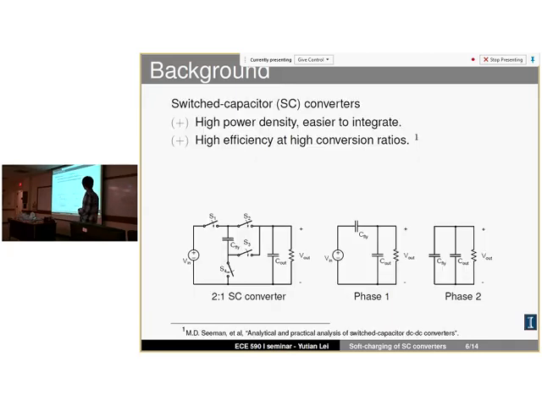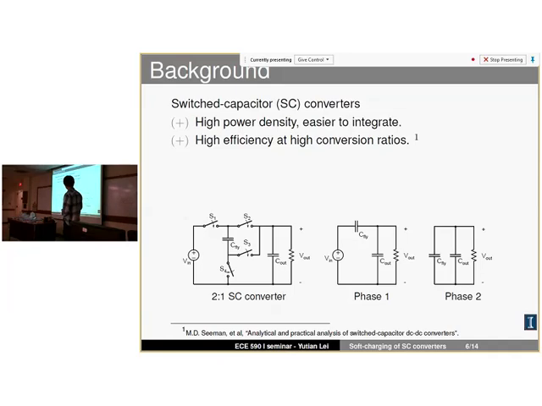And such a converter is called a switch capacitor converter. So here is a very simple 2-to-1 switch capacitor converter. It has two phases of operation. In phase 1, switches 1 and 3 are closed, so V in is in series with the flying capacitor and the output.